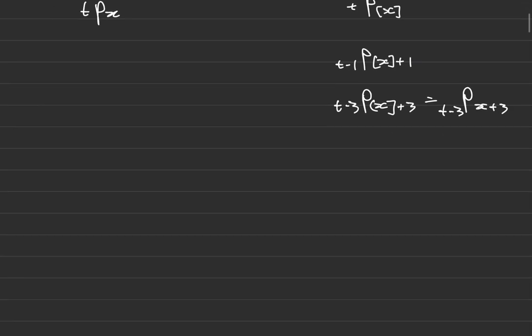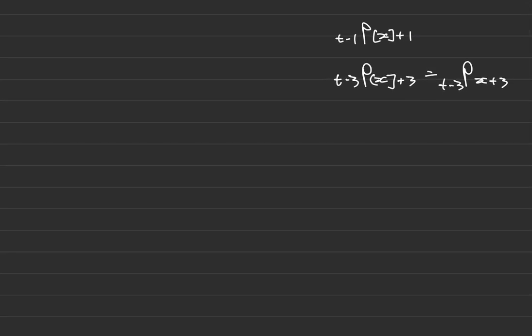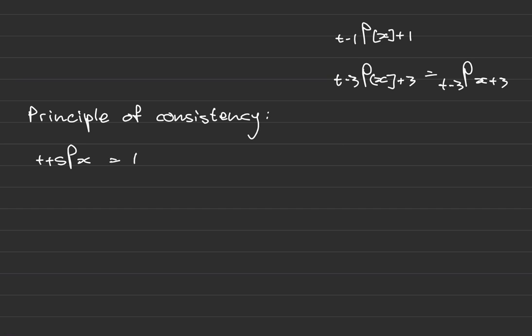Okay, now another concept that's important is the principle of consistency. Now, what do I mean by this? I mean t+s px is equal to tpx times spx+t. I'm going to explain this in a moment. Is equal to spx times tpx+s.